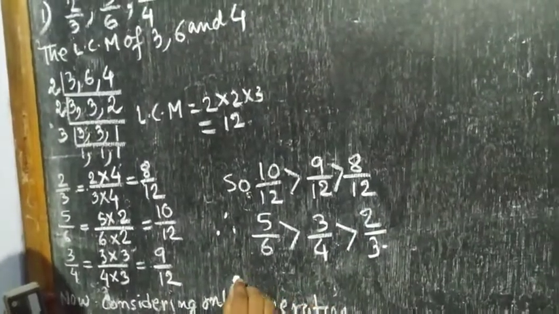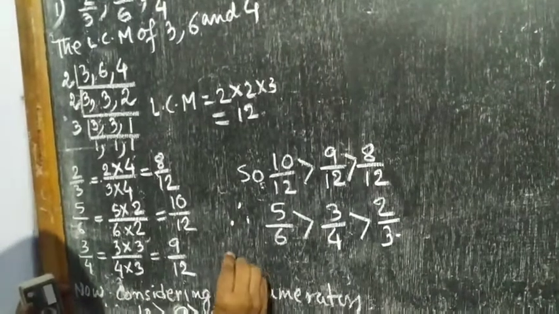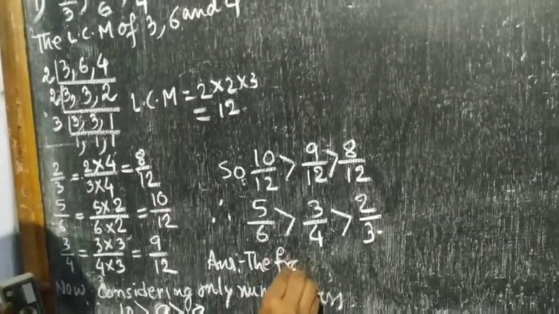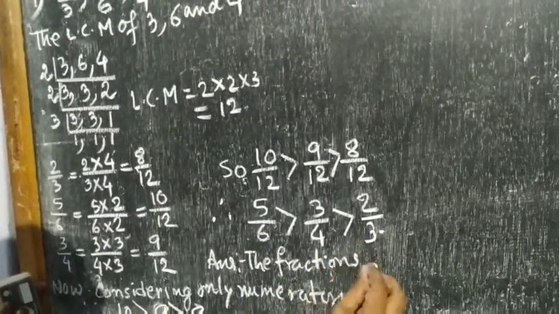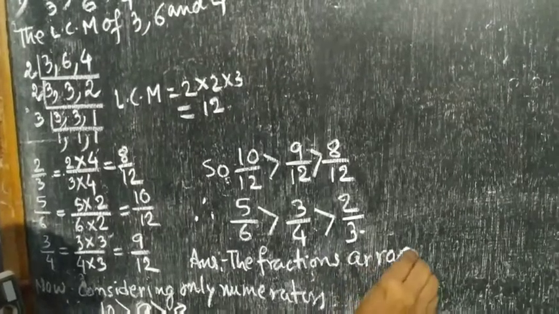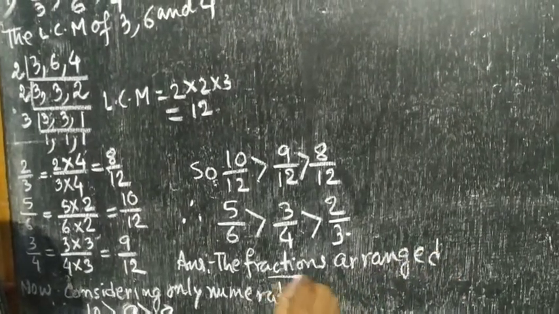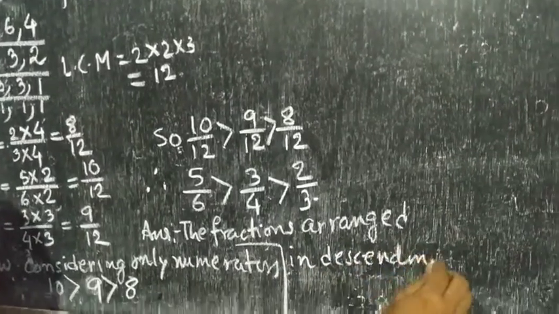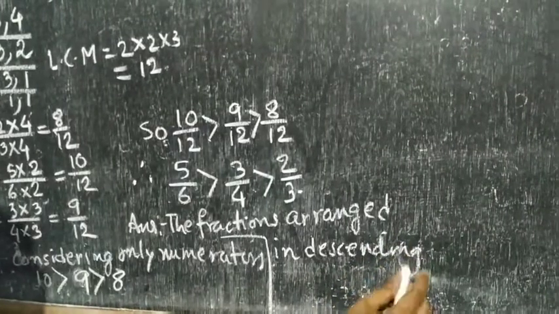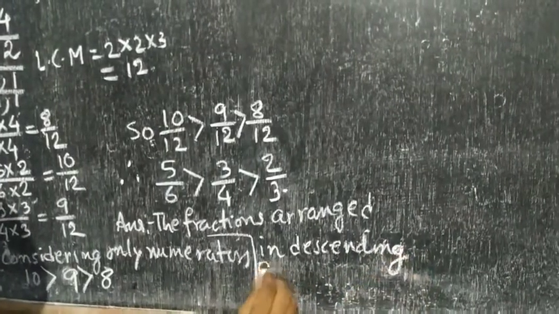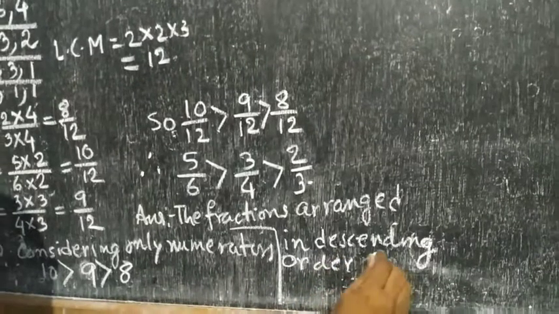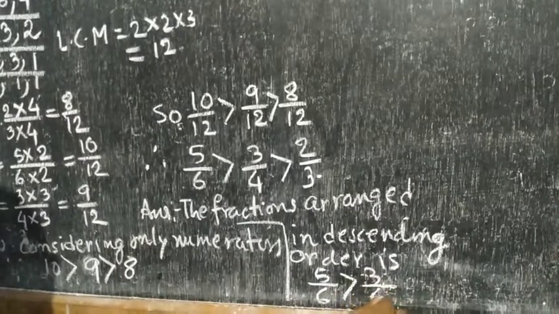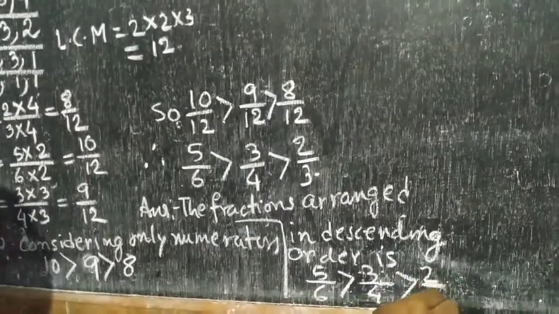So the answer is, the fractions arranged in descending order is 5 by 6 greater than 3 by 4 greater than 2 by 3.